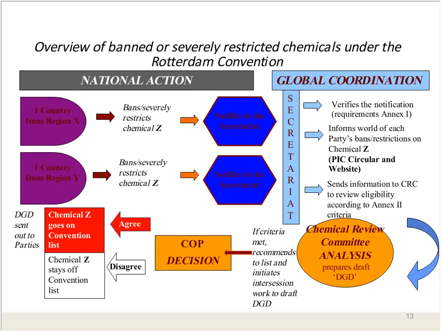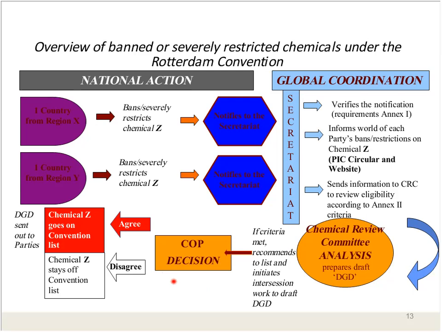It carries out an analysis, and in particular, it verifies that the information provided in the notification fulfills the criteria of Annex 2 of the Rotterdam Convention. And if these notifications do fulfill the criteria, then it recommends to the Conference of the Parties that the chemical is listed in Annex 3 of the Convention.